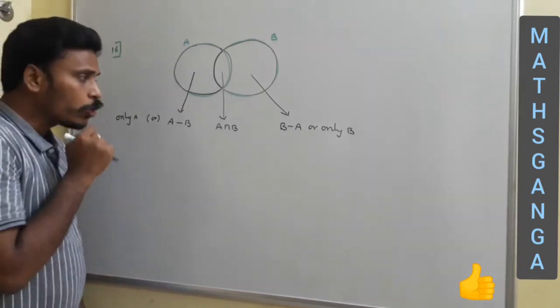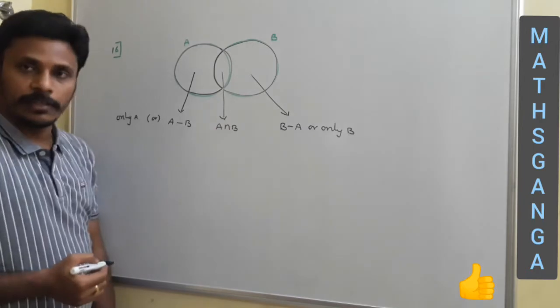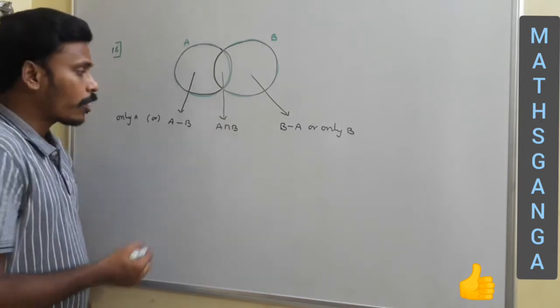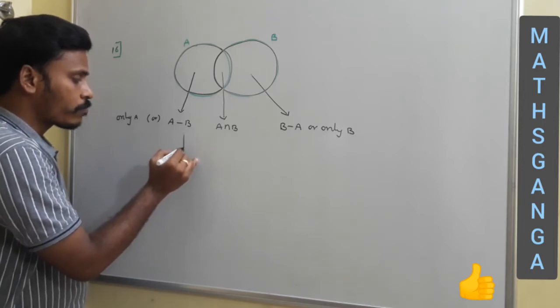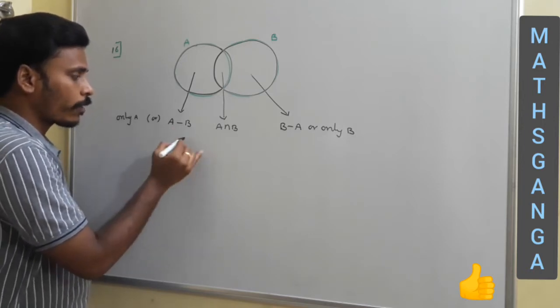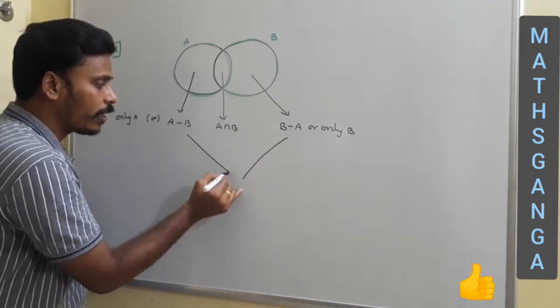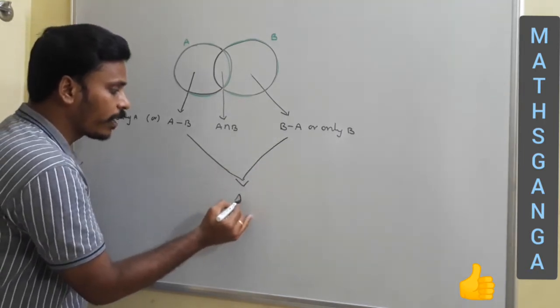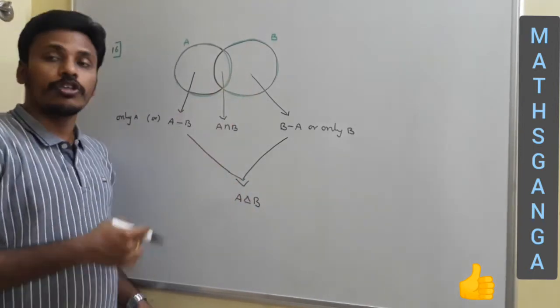Now think about it. If you combine A minus B and B minus A, what will happen? Both together will make A delta B. A delta B is just the union of those two.